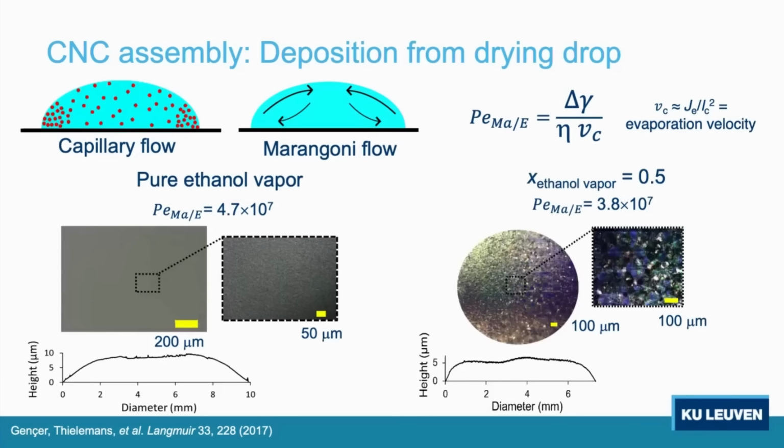If you take a 50-50 ethanol-methanol water mixture, then your Peclet number is more correct, and you still get a relatively nice homogeneous deposit, and you also get alignment of the CNCs, so you get much better structuring. Now, of course, every different color is a slightly different aligned grain of CNCs. So the trick is now to see, can we get long range order over a long distance?